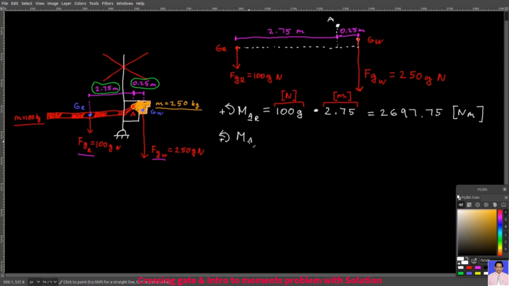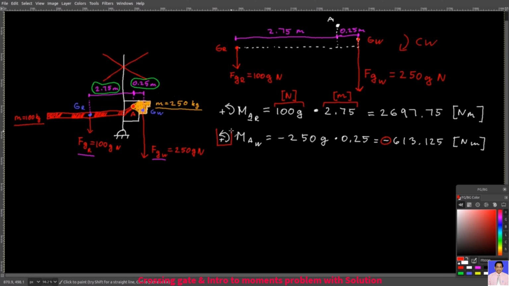And now the moment about point A due to the counterweight would be minus 250 g times 0.25. That will give you minus 613.125 newton meters. The reason why you have this minus sign here is because the moment due to the counterweight about point A will give you a clockwise moment, which according to our convention is negative.